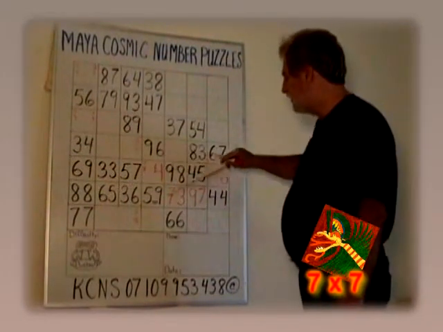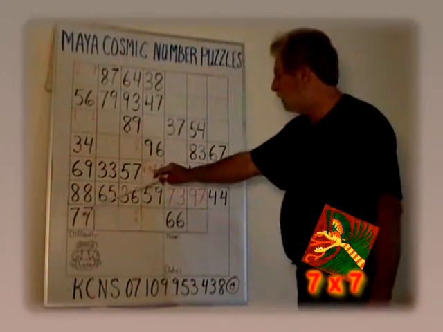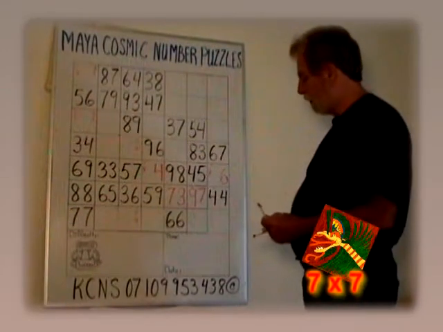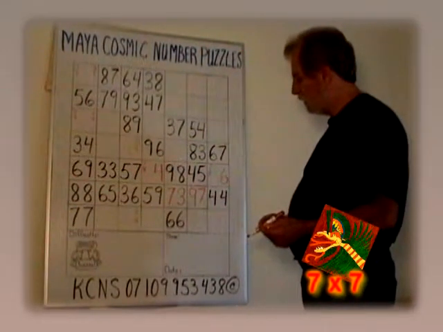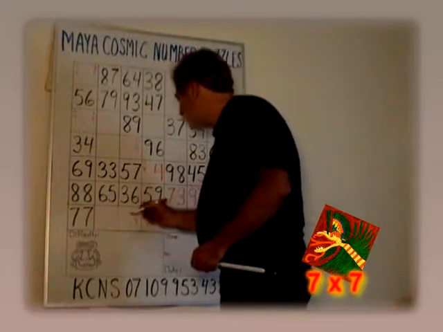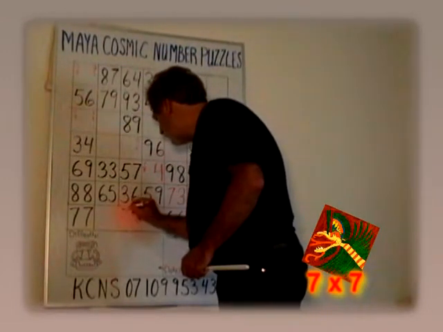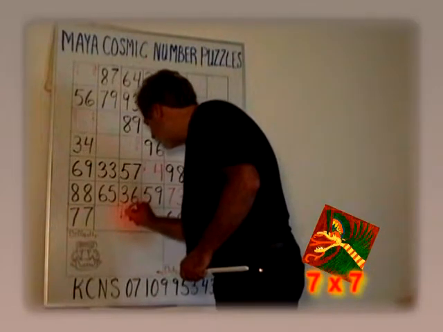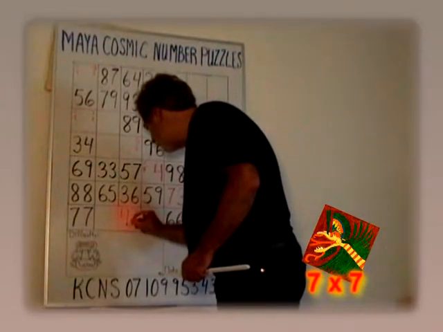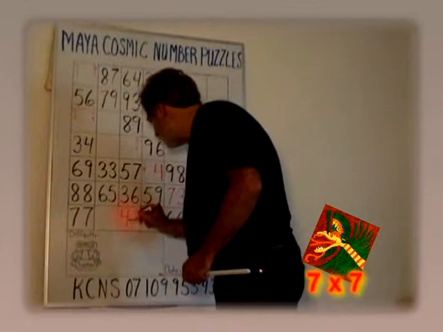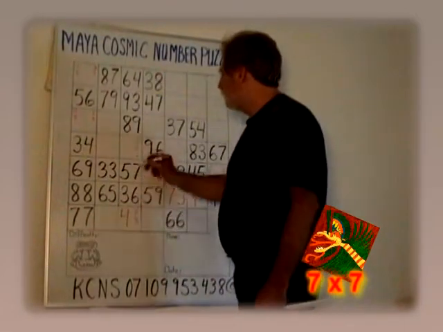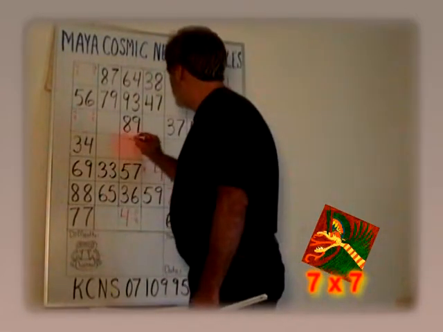We do see a 7 here. So, if the 7 goes there, here, it cannot go here, so that leaves us with only a 4 that can go here. If the 4 goes here, then the 7 must go here.